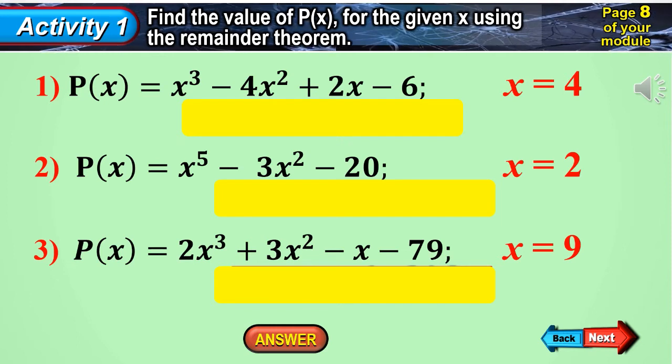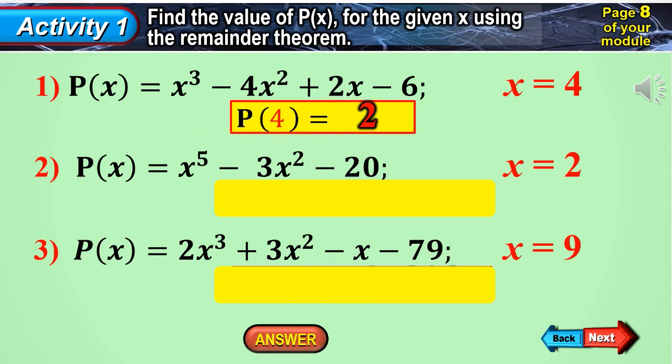Now what is your answer? Okay, our P of 4 is equal to 2. Next, number 2. P of x is equal to x raised to 5 minus 3x squared minus 20.